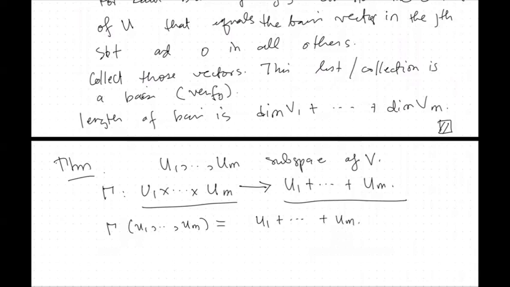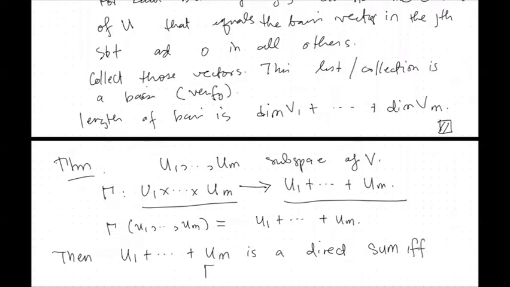And then what is the result? The result is that U1 plus up to Um is a direct sum if and only if this map is injective.